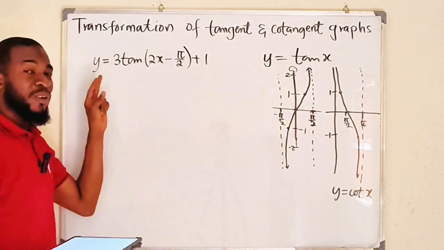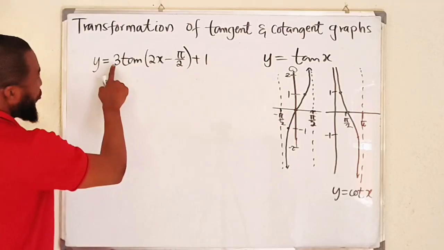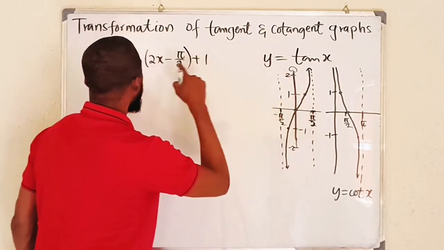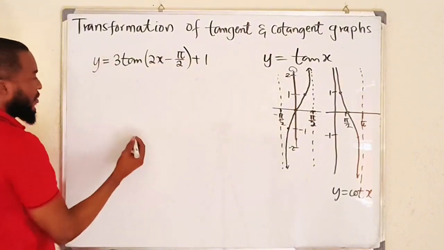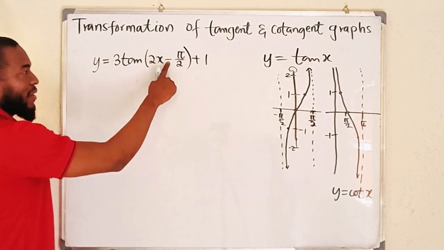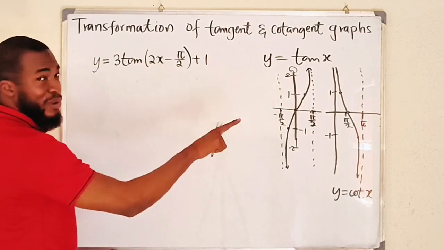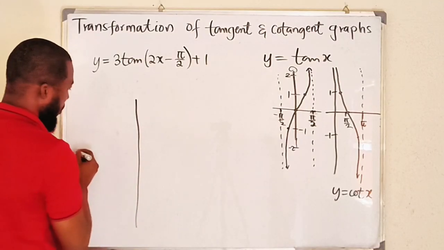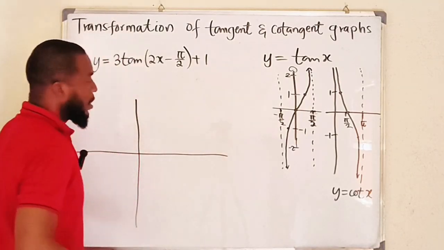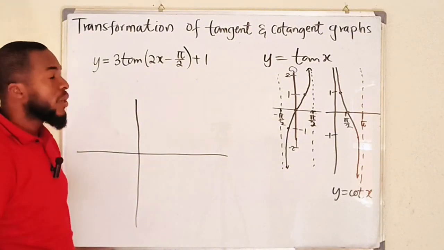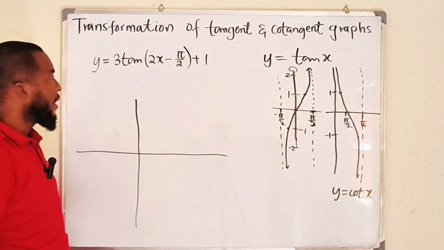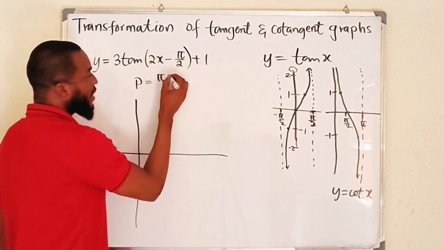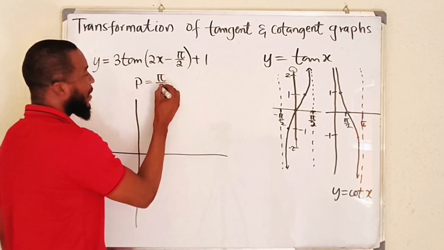We would like to construct this graph. Number one, you should know that instead of this point at 1, it is now going to be after 3. So let me do it. Because of this minus, the graph is going to be shifted to the right. But first of all, let us talk about the period. The period, remember, is equal to pi divided by the coefficient of x.